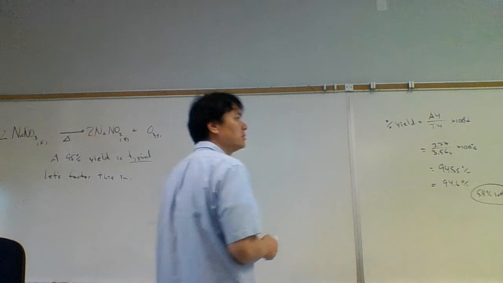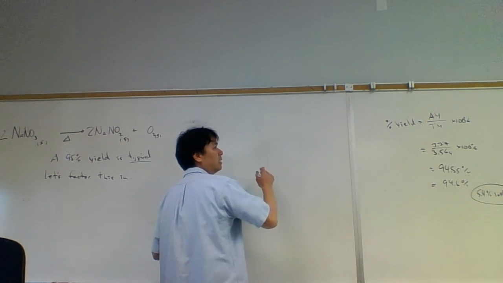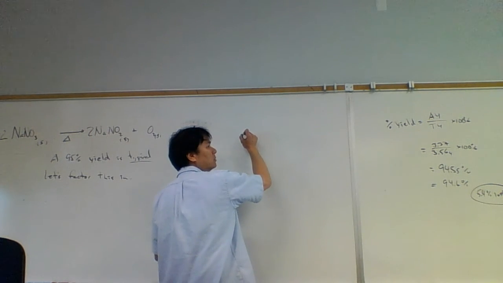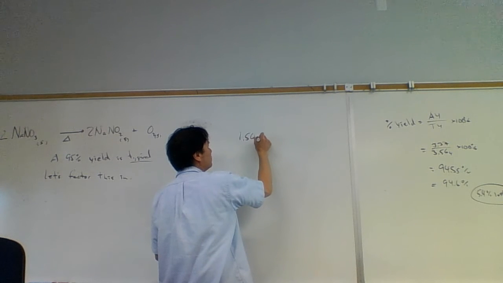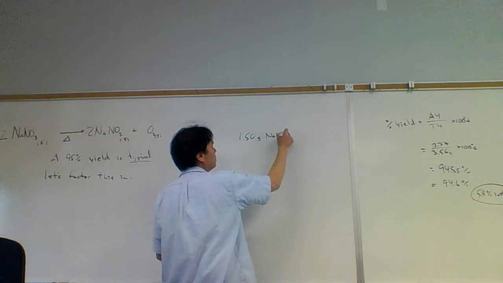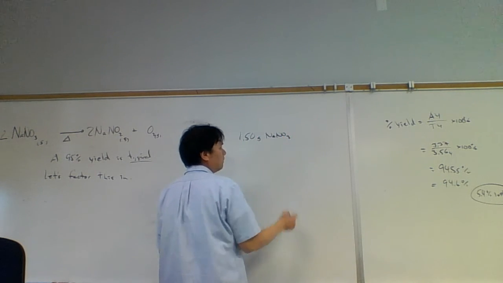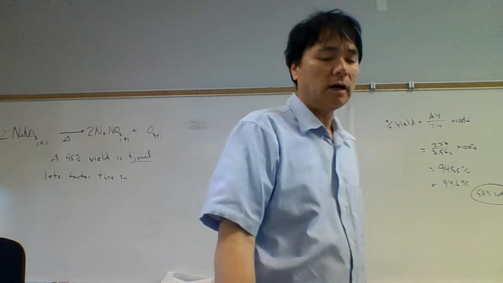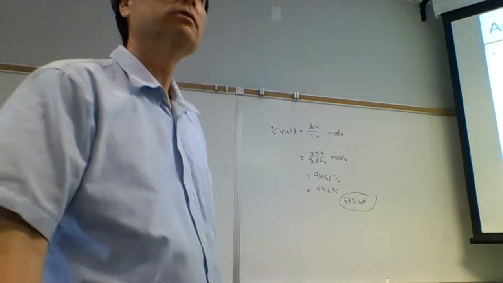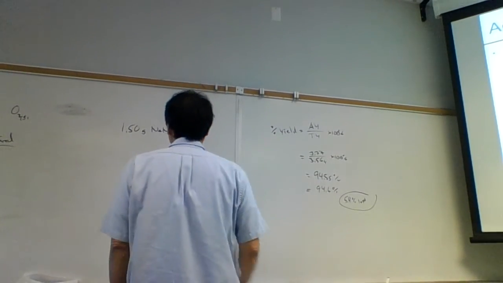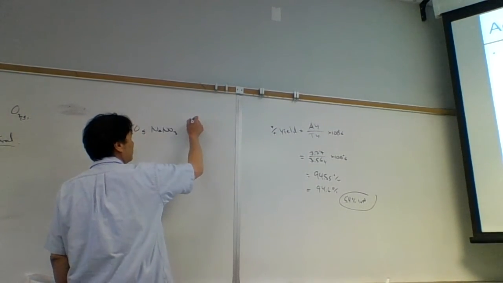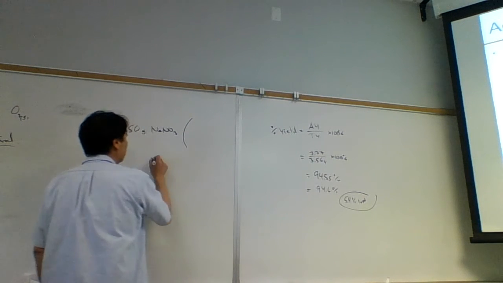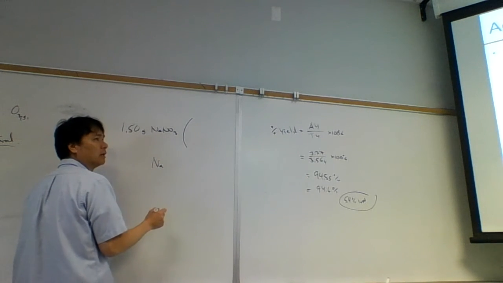And so what mass of sodium nitrite will be produced by the decomposition of 1.50 grams of sodium nitrate? So 1.50 grams of sodium nitrate is where we start. What we can do is figure out what the theoretical yield is. So 1.50 grams of sodium nitrate, and let's get the molar mass of that.